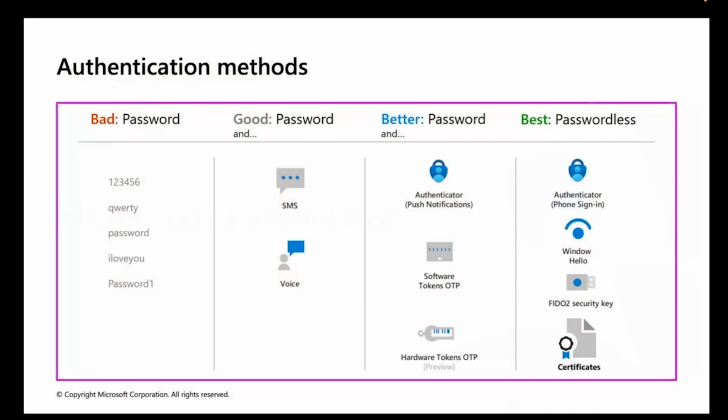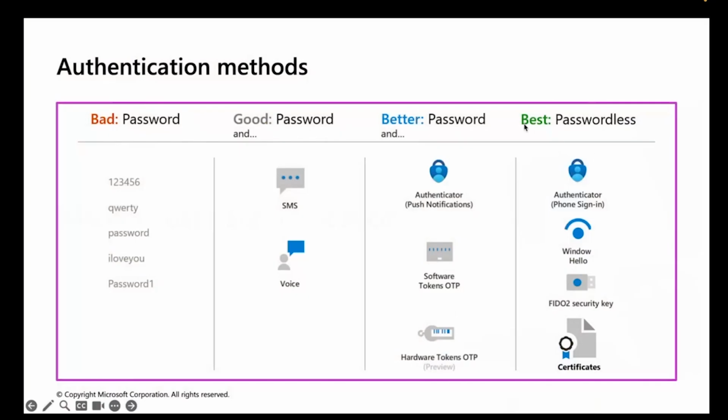But if you use a password and SMS or voice call, this will give you some good security. But still SMS and calls can be manipulated. That's why this is in the good category, not the better one. Because in better, it says to use an authenticator app, a software token, or a hardware token if possible, for better and more security.